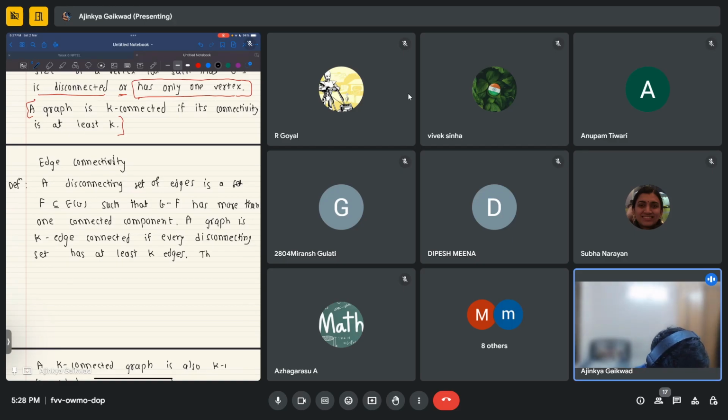The edge connectivity of G, which we will denote by K prime of G, is the minimum size of a disconnecting set.